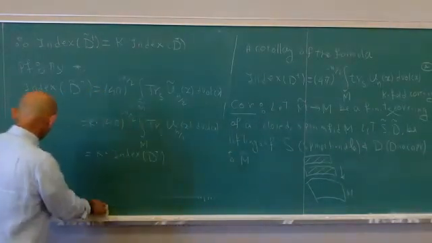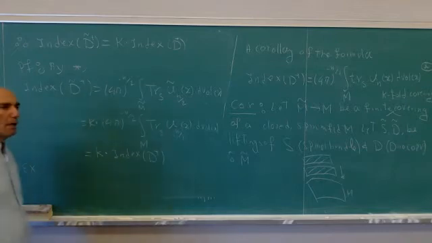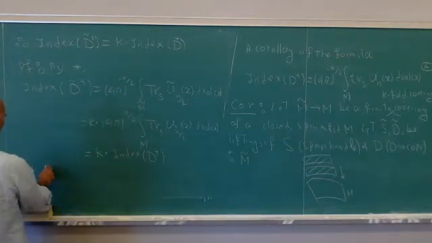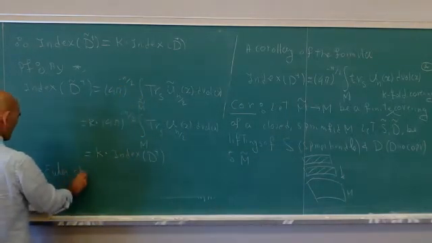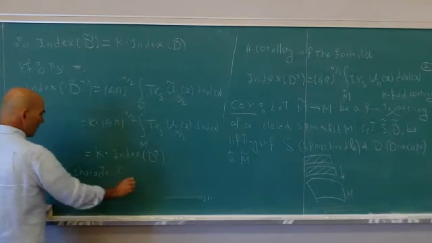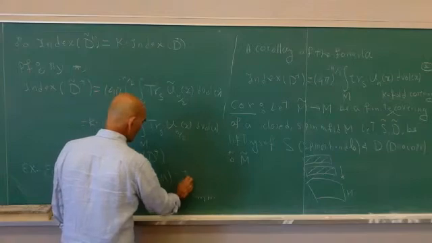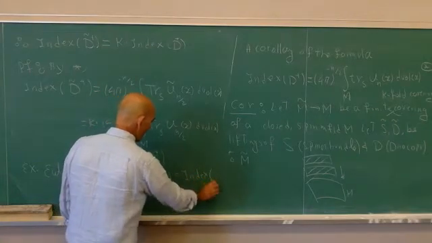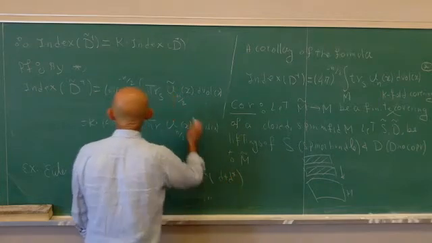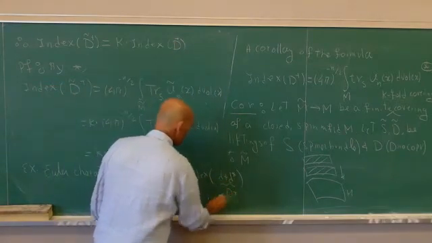This is an example you have seen before: the Euler characteristic is multiplicative. We argued that chi of M is equal to the index of d plus d star, which can be realized as some D plus.